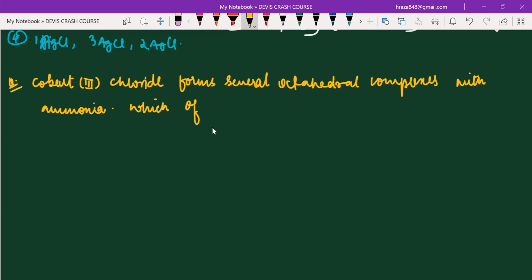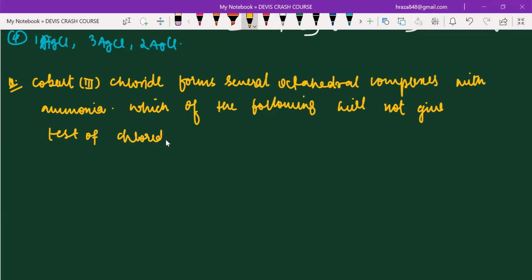Which of the following will not give the test of chloride ions with silver nitrate AgNO3 at 25 degrees centigrade?